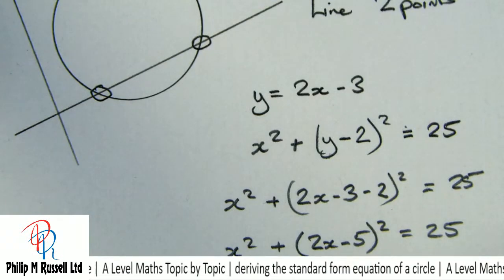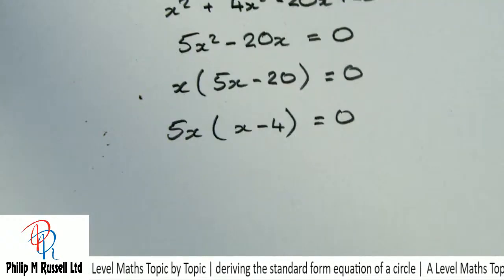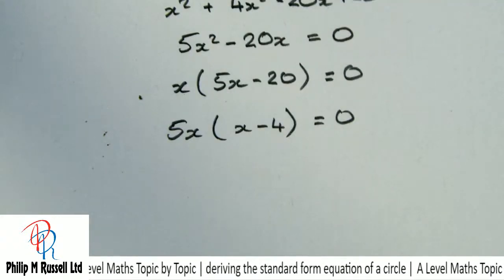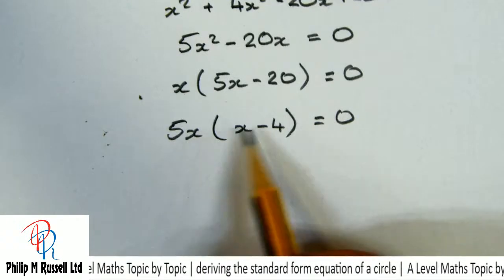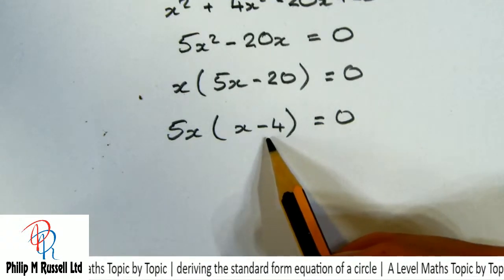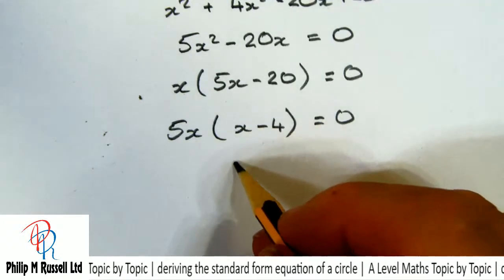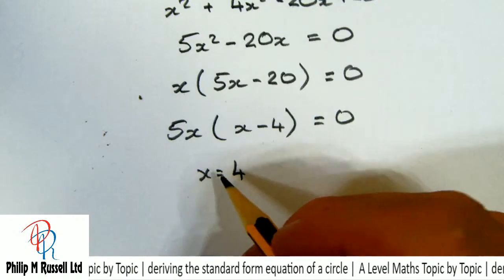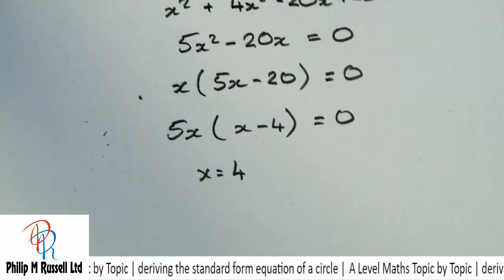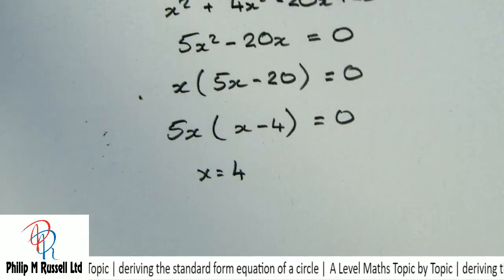I wasn't looking, sorry. Here it looks like it's going to be a tangent, doesn't it? It's going to meet at x equals 4.